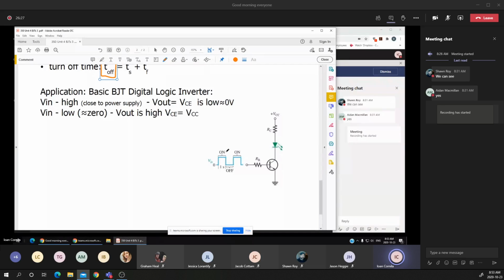But at this point, I'm applying a voltage, turning on the transistor, and I will say that that's the one logic, and I'll put one logic aside. When the transistor is turned off, I will label that as 0 logic, or 0L.